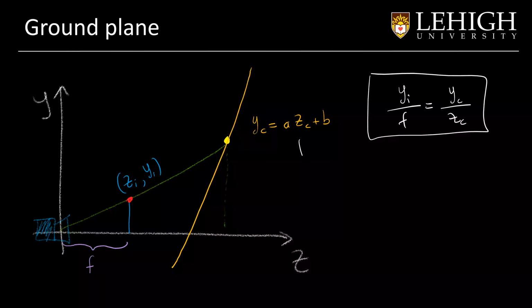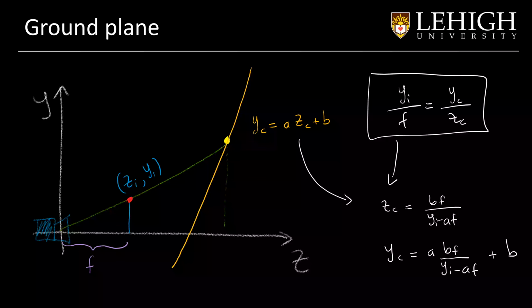Combining these two equations, we can obtain the z coordinates and the y coordinates. This can be done just by simple operations. However, we still don't know A and we don't know B. All the other values like the coordinates of the point in the image plane and the focal length are known.